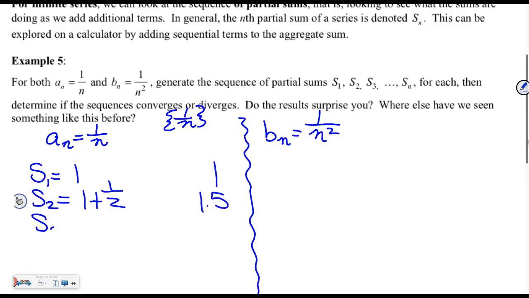Now I'm going to get lazy and I'm going to show you where it's located on your calculator because I don't feel like adding fractions anymore. So if you hit math and you hit 0, keep in mind when you press your variable tool, it's going to give you x if you're in function mode, which is fine. But if it bugs you, hit the mode button and move it over to sequence mode, and it'll put in n's.